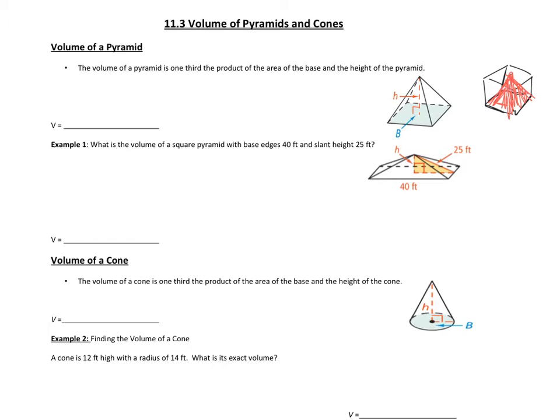Now, if we were in class, I would do this kind of experiment with you guys. It's kind of interesting. I want you to imagine that I built a prism around a pyramid so that its height and its base were exactly the same. The question would be, how many of those pyramids could you fit inside of that prism?